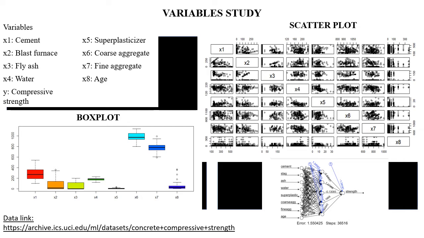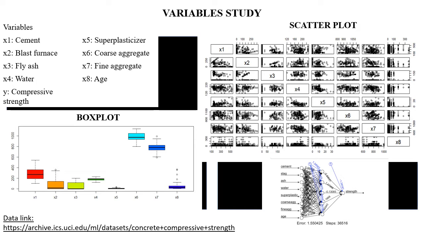The data contains 8 variables, which are cement, blast furnace, fly ash, water, superplasticizer, coarse aggregate, fine aggregate, and age. To study variable behavior, we have a box plot and a scatter plot.